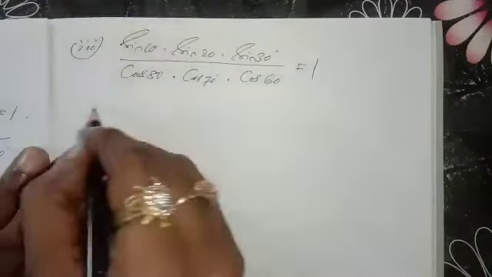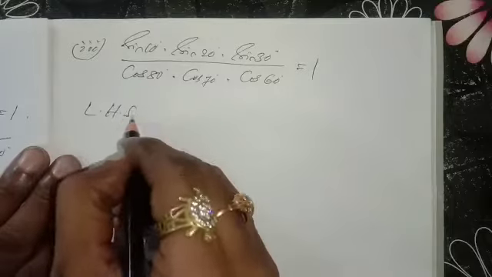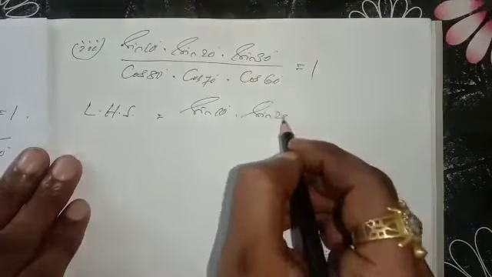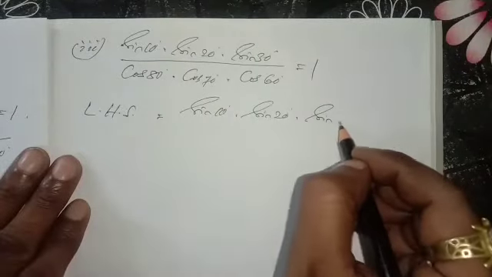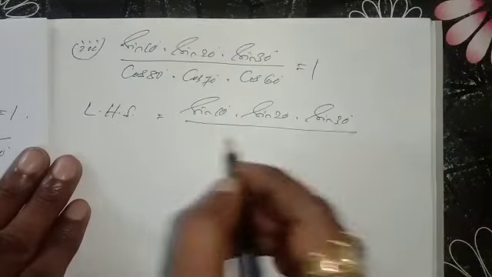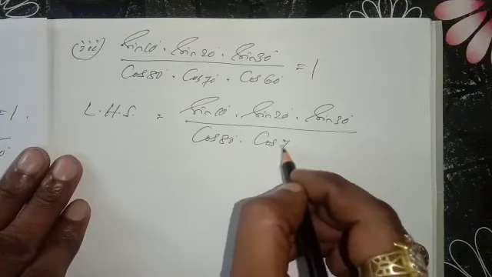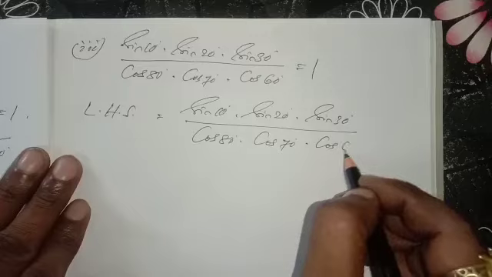Okay, so first of all you have to copy the left hand side. What is given on the left hand side? That is sin 10 degree into sin 20 degree into sin 30 degree by cos 80 degree, cos 70 degree into cos 60 degree.